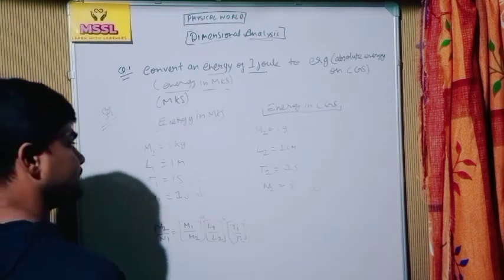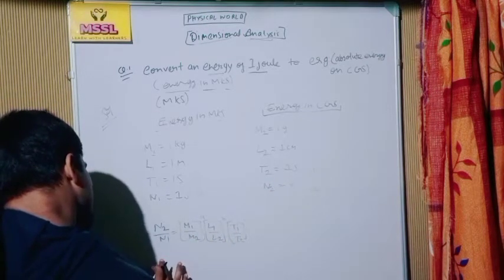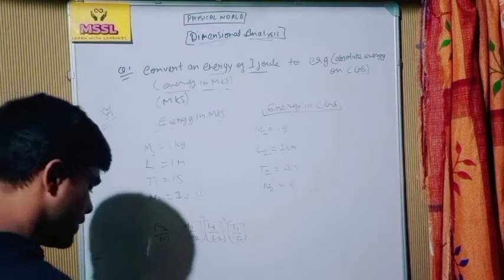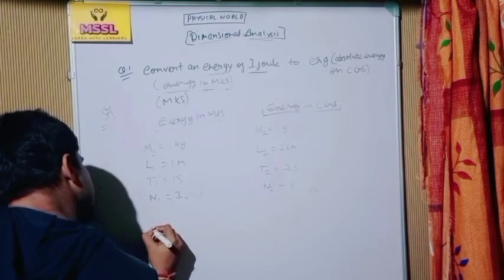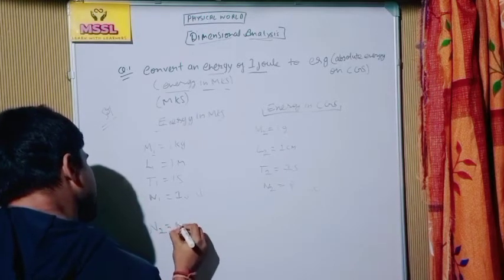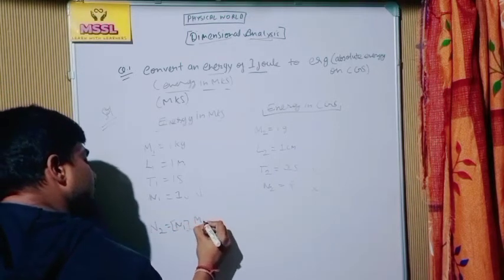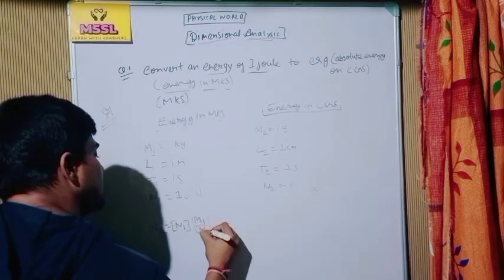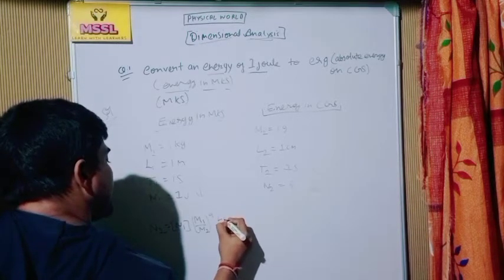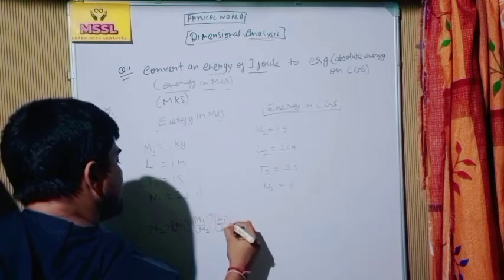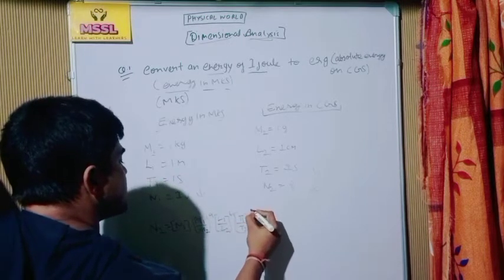N2 is not given, so we can write N2 equals N1 times (M1 by M2) to the power A, (L1 by L2) to the power B, and (T1 by T2) to the power C.